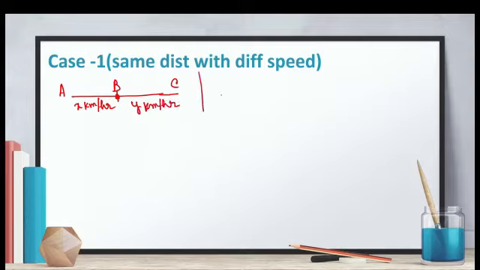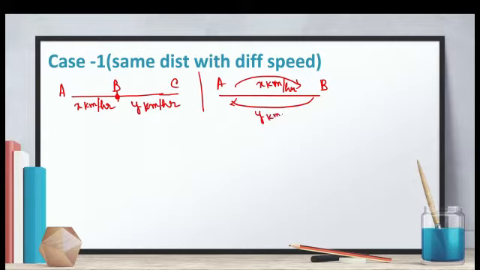Or suppose the car moves from A to B with x kilometer per hour and then comes back to A with y kilometer per hour. So what is the average speed here?